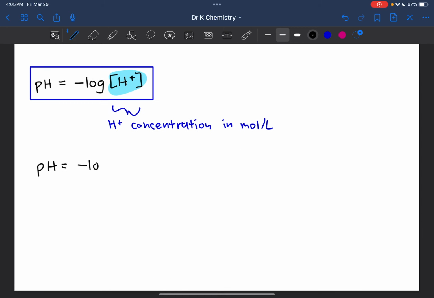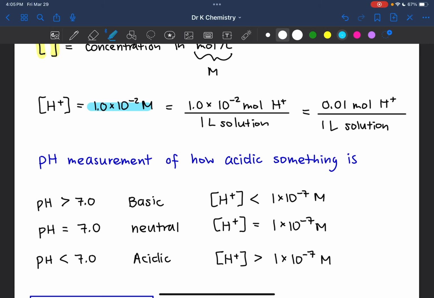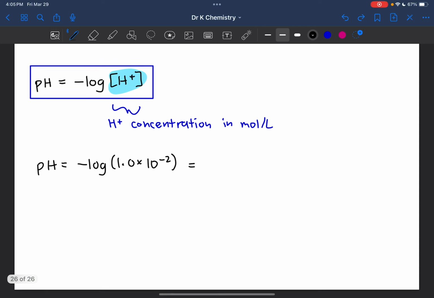So we would take a negative log of 1 times 10 to the negative 2. Alternatively, we found that 1 times 10 to the negative 2 really means 0.01. So you could enter either of these values. You could plug in negative log of 0.01 into your calculator, and that would give you a pH value.